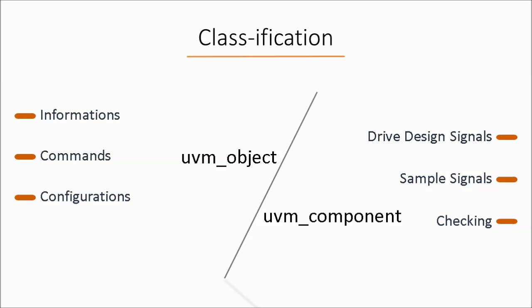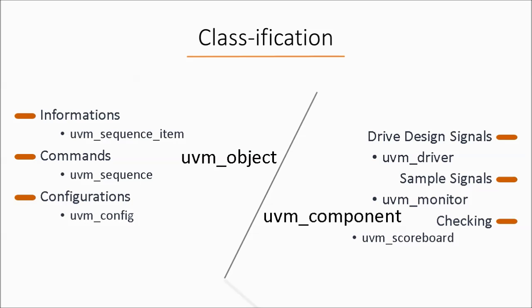The set of instructions are of base class UVM object, and the blocks working on the instructions are components. From class UVM component, information is generally added to the extended class of UVM sequence item, or UVM transaction, and commands for the test bench provided by the user are kept in an extended class of UVM sequence.